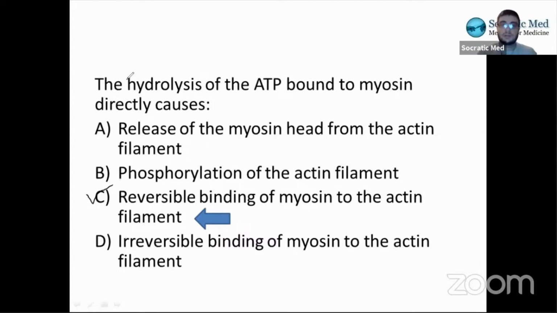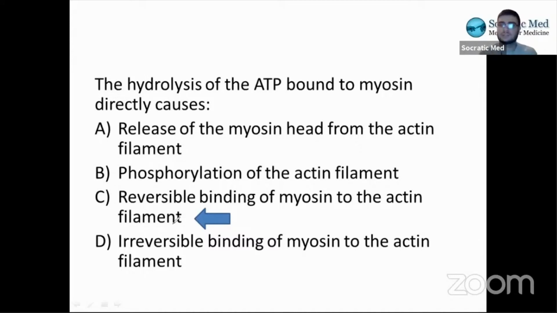So first, ATP binds and causes A, release of the myosin head from the actin filament. Then it hydrolyzes, and then it causes binding of the myosin to another actin filament, to the next one in line.